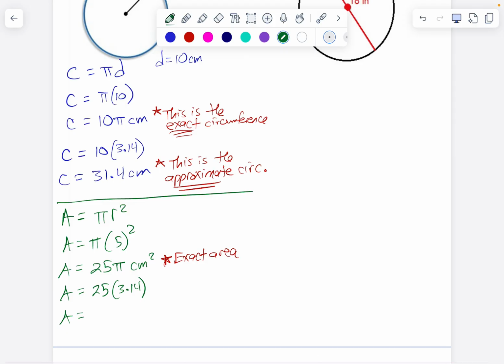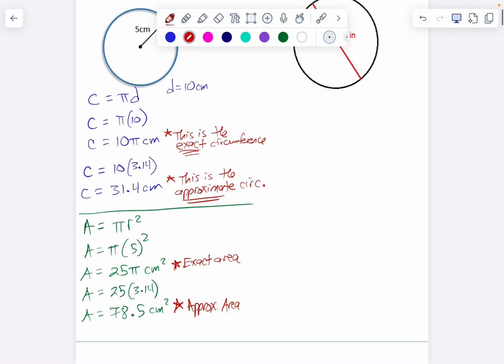What is that? 76 point something. 78.5. Now we say 78.5 square centimeters, which isn't very big, but maybe the construction person is painting or sheathing something and it's this little tiny thing. That is the approximate area.